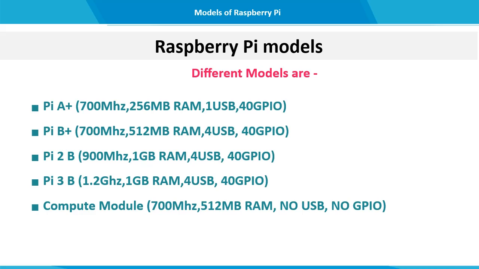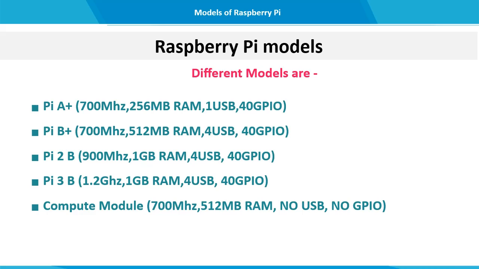There are different Raspberry Pi models with different features and capabilities. Pi A Plus. It has 700 MHz CPU, 256 MB RAM, 1 USB and 40 GPIOs. We have Pi B Plus. It is 700 MHz CPU, 512 MB RAM, 4 USBs and 40 GPIOs.